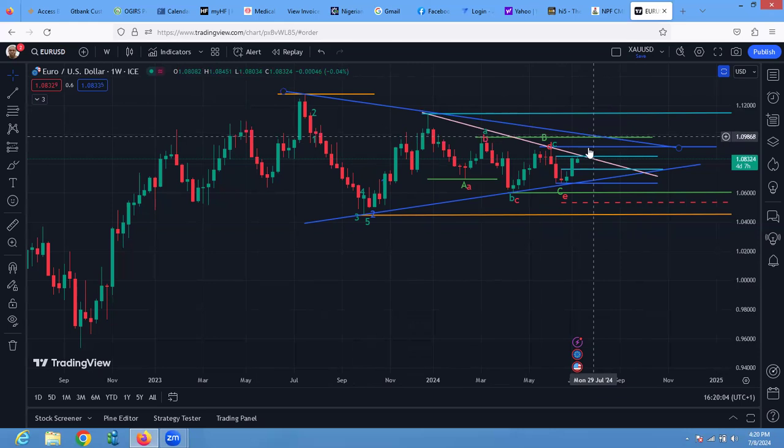So this part of the triangle is not that important to me, but it's just an initial thing telling me that, oh, this is going to break up. But once we get to this point and we break this to the upside, precisely around 1.09, let's say 850. Once we take that to the upside and we break out of here, then we are sure we are going up.